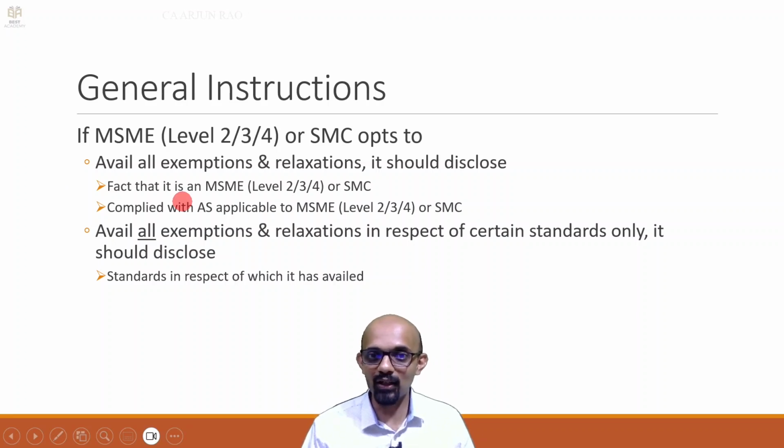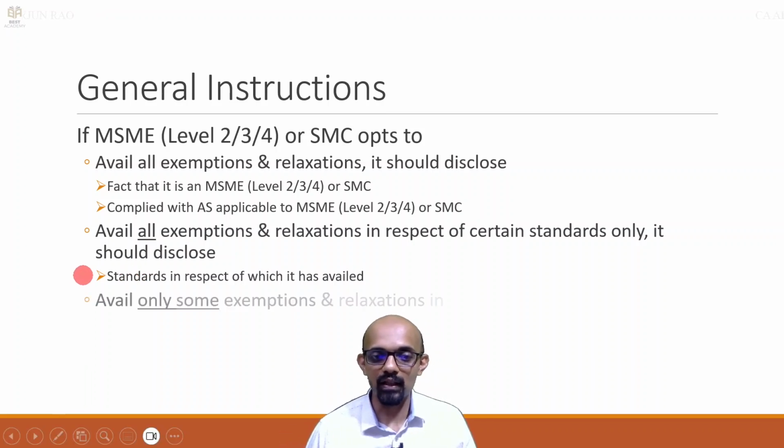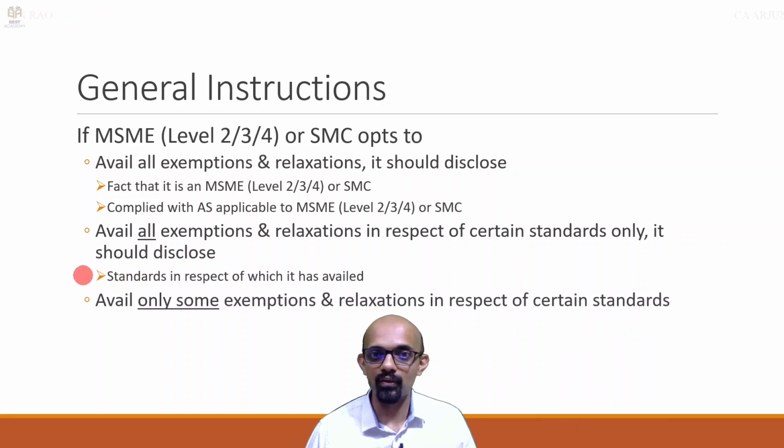But if you are availing of the exemptions, this statement has to be made. Additionally, if there are some standards in respect of which you have not availed the exemption, you have to make another explicit statement.